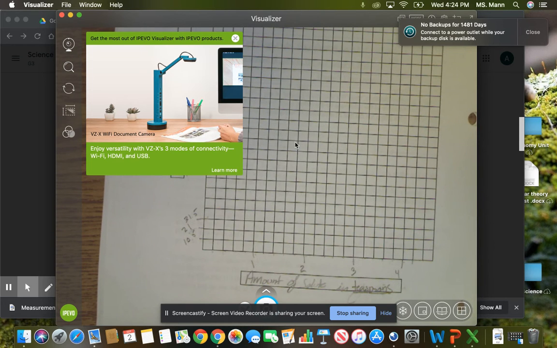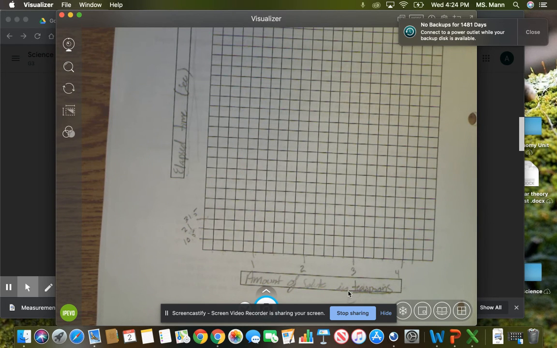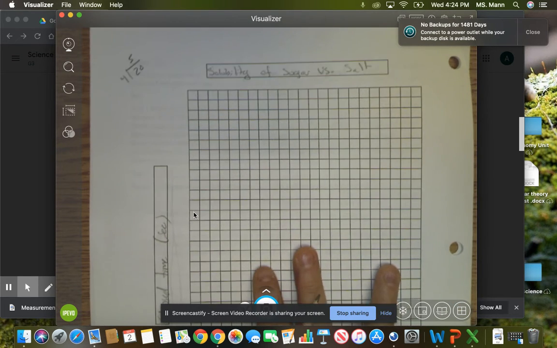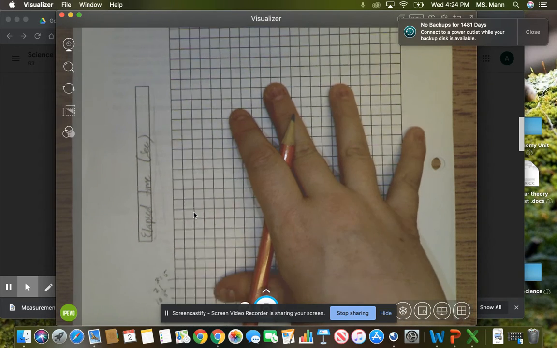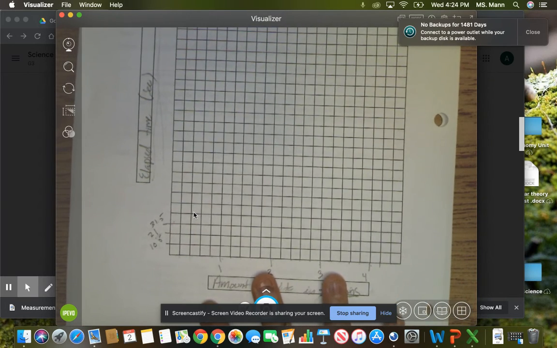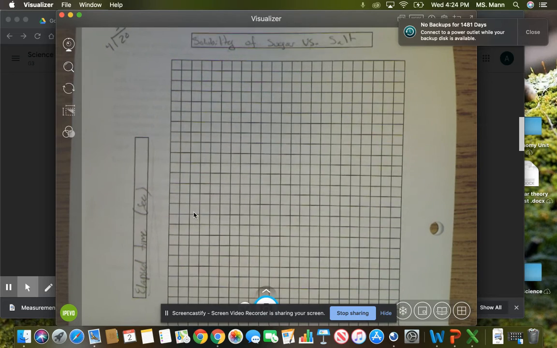All right, does that make sense? I personally prefer whole numbers, but if this way makes more sense to you, go ahead. The world is your oyster when it comes to graphing. That's what I like about it. So make sure you use the whole graph, which we did here, and make sure that you have everything labeled.